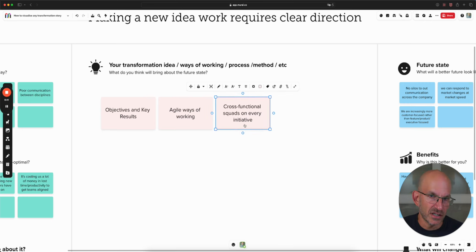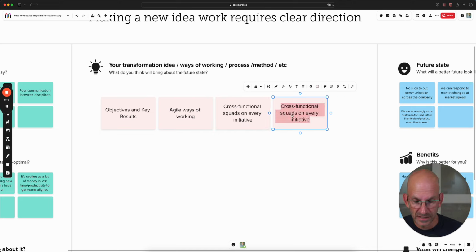Maybe it's not just a way of working or a process. Maybe it's a new policy we'd like to put into place that says something like, mandatory 2 monthly hours of customer contact for every employee, right?